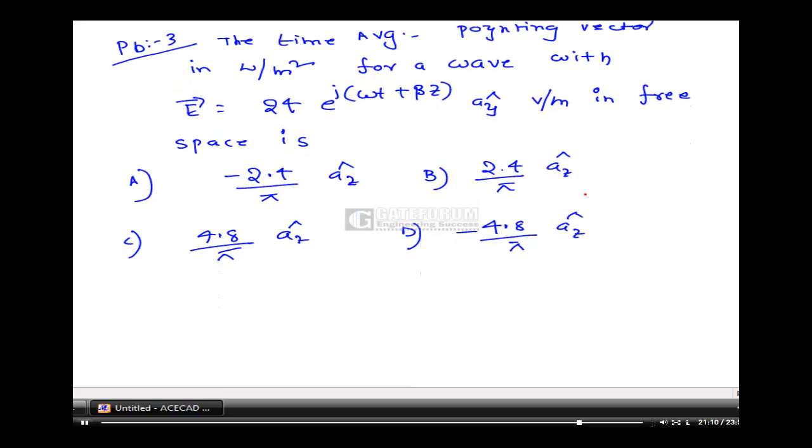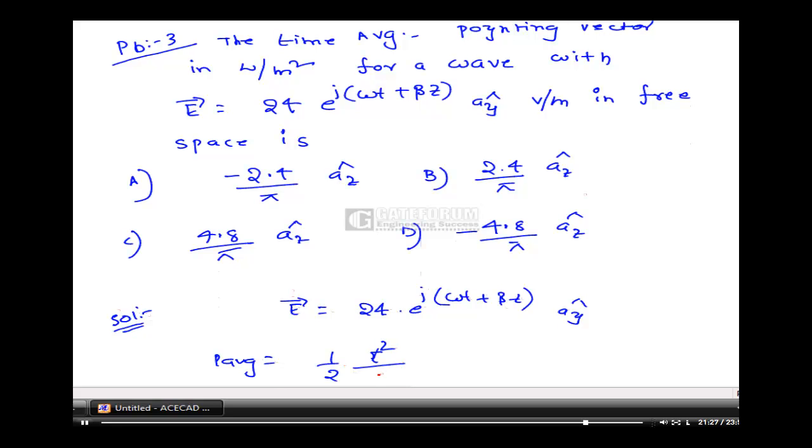The solution to this problem is very simple. Here only one equation is given, E bar equal to 24 e power j (omega t plus beta z) ay cap. So for the average power, directly I am going with the formula half into E square by eta. Here it is given free space.